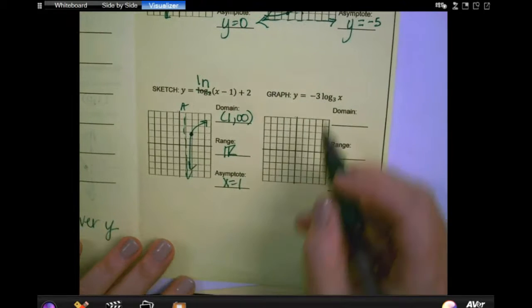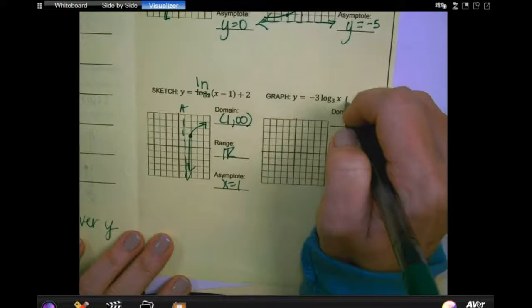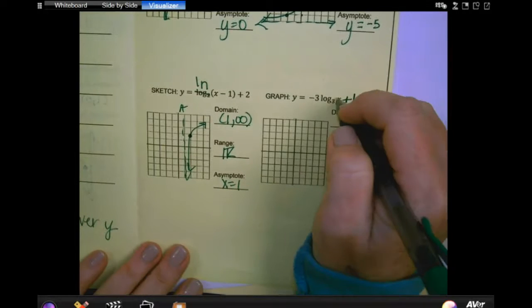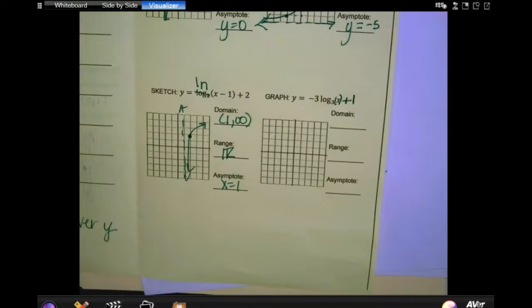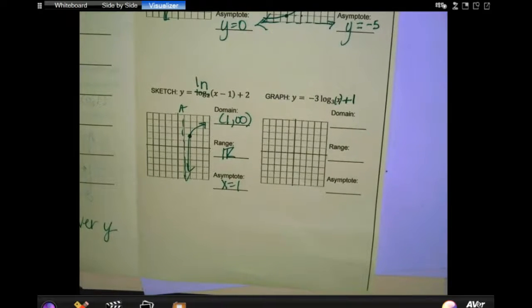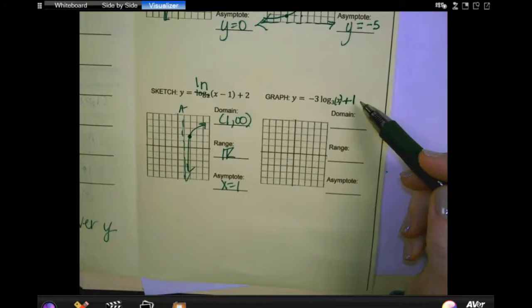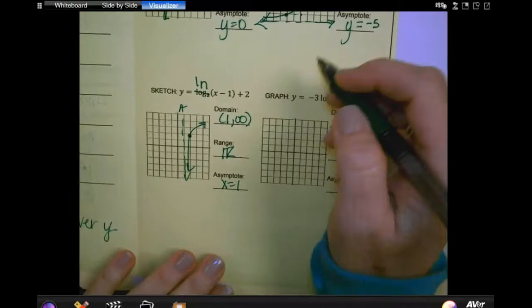Okay, so this time, add +1 here on the outside. It's not with the x. So the -3, what does that do? It's a reflection, it's a stretch, and the +1 moves up 1. So what do I do first?